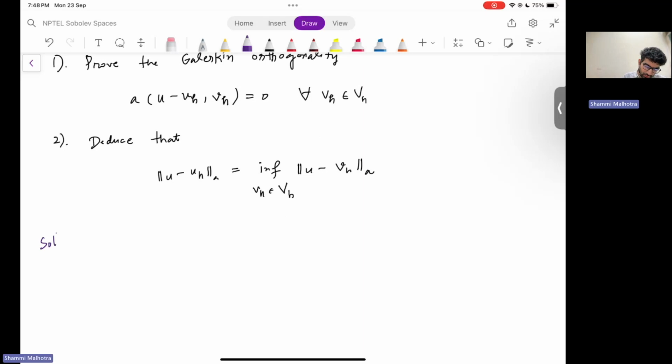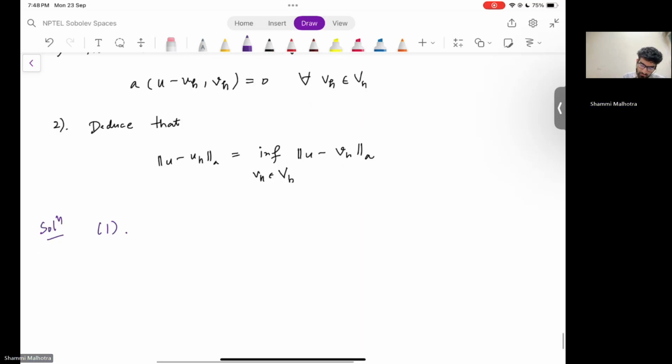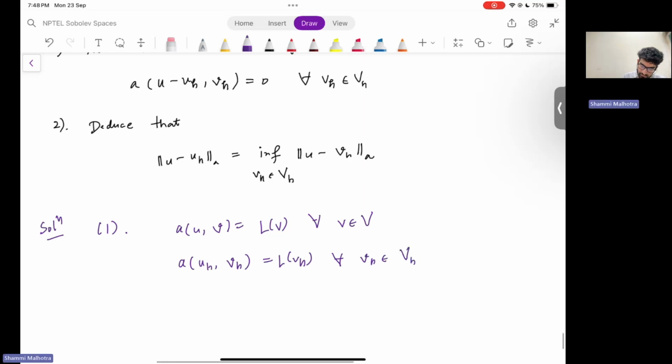The solution, part one. Since u is the solution, we have a(u, v) equal to L(v) for all v in V, and we have a(u_h, v_h) equal to L(v_h) for all v_h in V_h.